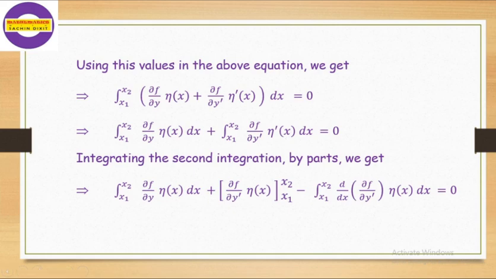The first function u, here we take ∂f/∂y' as it is, and v is eta'(x). Then u as it is, that means ∂f/∂y' as it is, times the integral of this derivative eta'(x), that is eta(x), with limits x1 to x2, minus integral from x1 to x2 of the derivative of the first function, that is d/dx of ∂f/∂y', and the integral of the second function. Here the function is eta'(x), the derivative of eta.